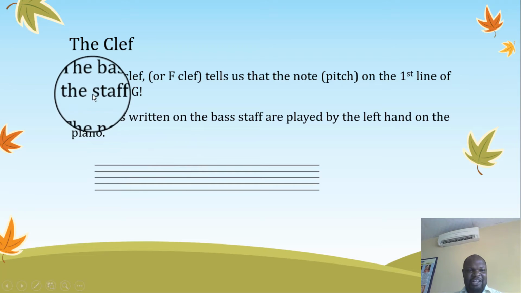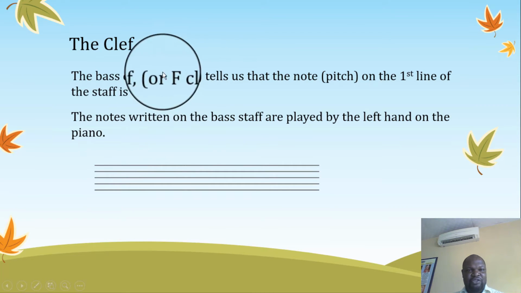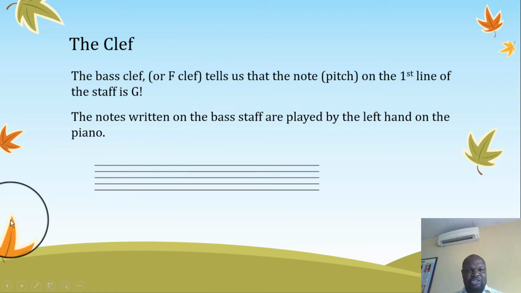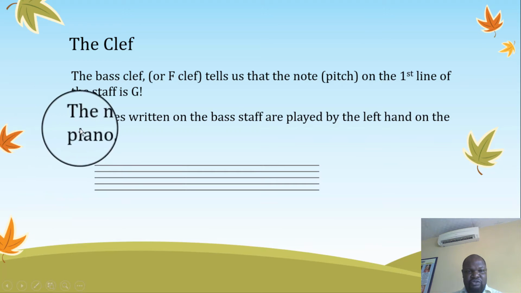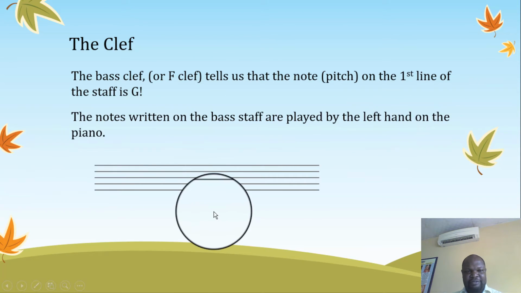So here I have another example, this time for the bass clef. Remember that the bass clef is also known as the F clef. Now the bass clef tells us that the note or pitch on the first line of the staff is G. The notes written on the bass staff are played by the left hand on the piano.